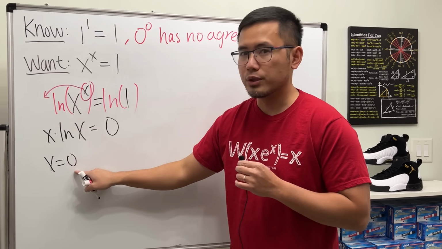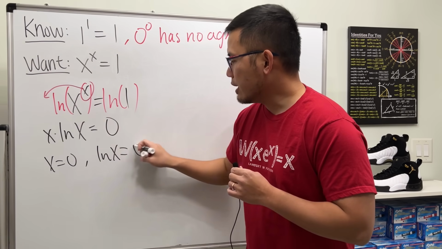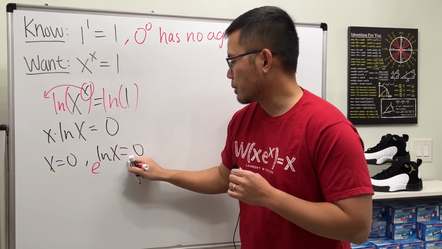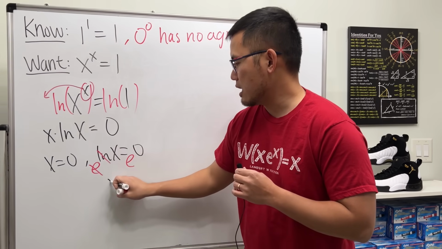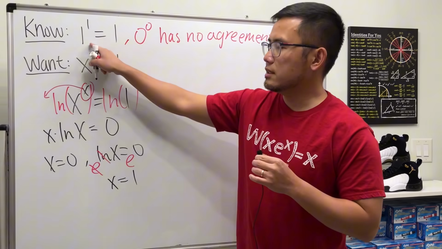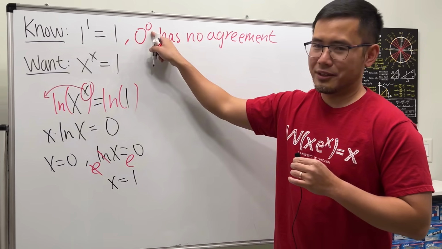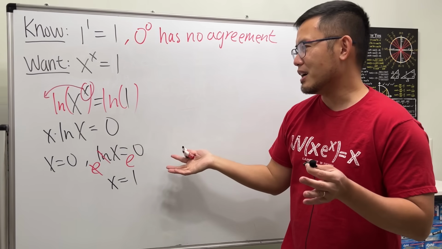The first factor equal to 0, or the second factor equal to 0. ln x equal to 0, we can just exponentiate both sides and say x is equal to 1. When x is equal to 1, that's this situation here. And when x is equal to 0, that's this right here. So it seems that we're stuck.